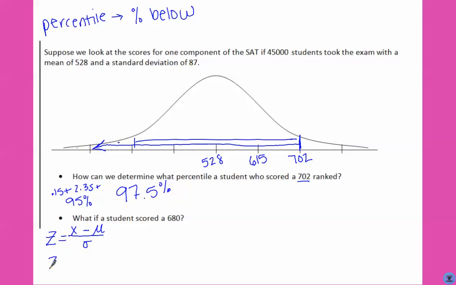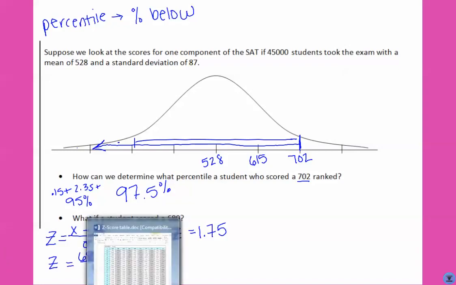So z would equal 680 minus our mean of 528 over a standard deviation of 87. And we would get that z is equal to 1.75 if you round to 2 decimal places, which is what we're going to use because the crazy chart uses 2 decimal places.